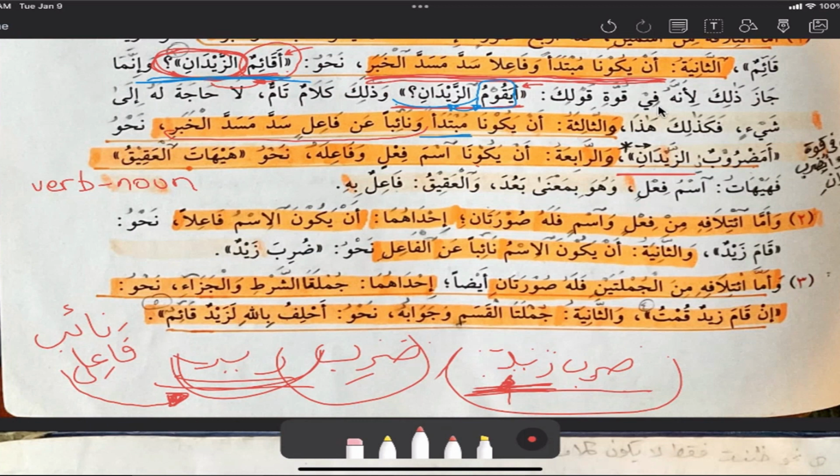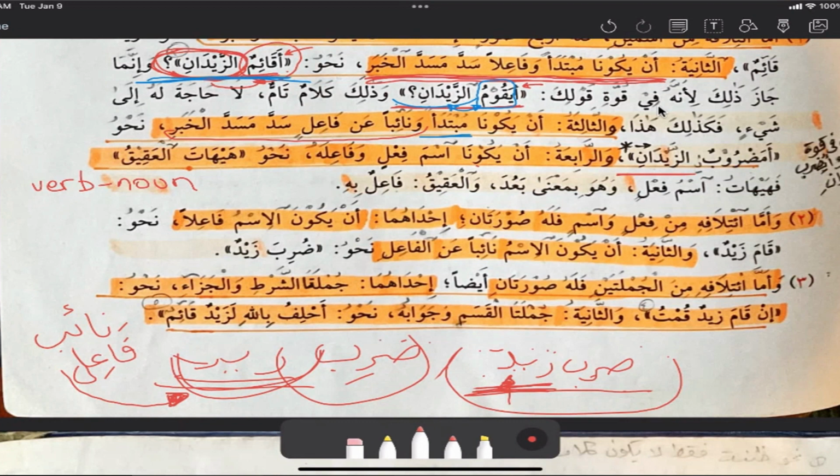So if it has the meaning of a verb, then we said as a rule, even a mental judgment, every doing needs a doer. So if a verb is a doing, fi'l, that's literally what the word fi'l means, then there should be a fa'il.